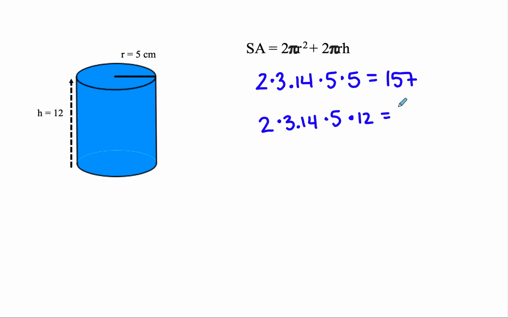All right, so now I'm going to multiply that. 2 times 3.14 times 5 times 12 gives me 376 and 8/10.